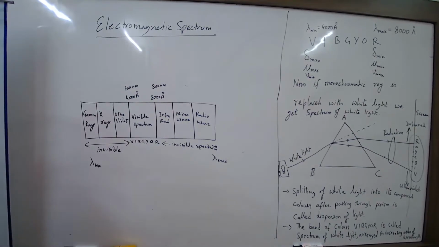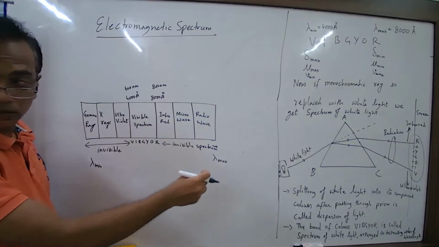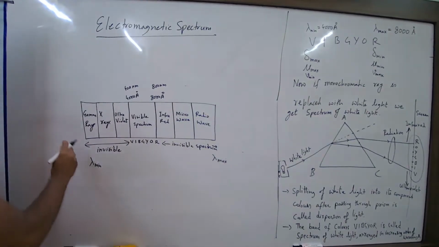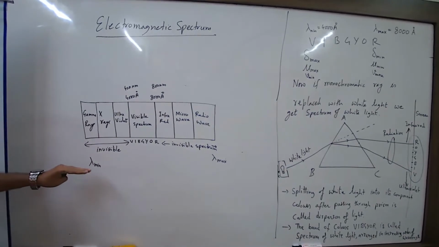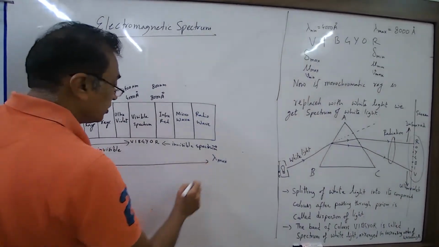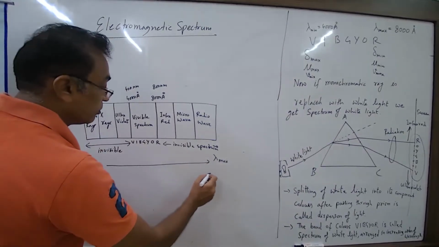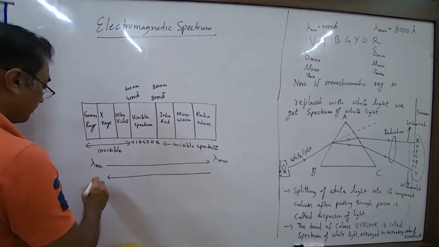Understood? Even within radio waves we have a range. So the spectrum is organized in orderly increasing wavelength when you go from left to right, and when you go from right to left, what increases is frequency.